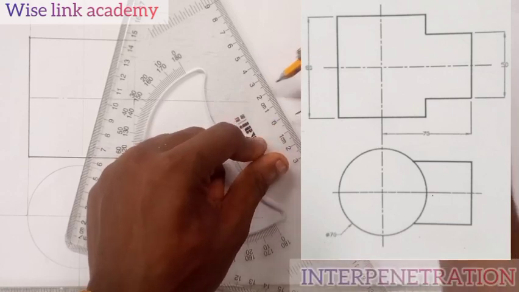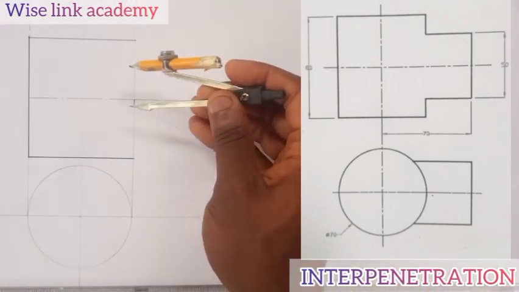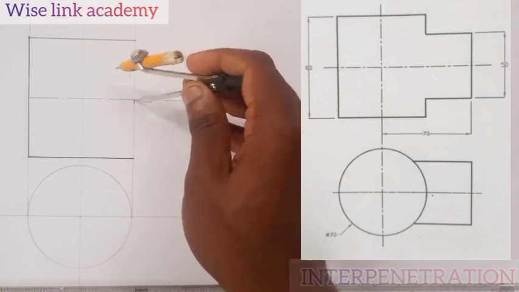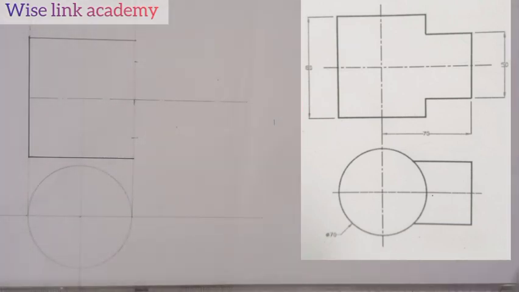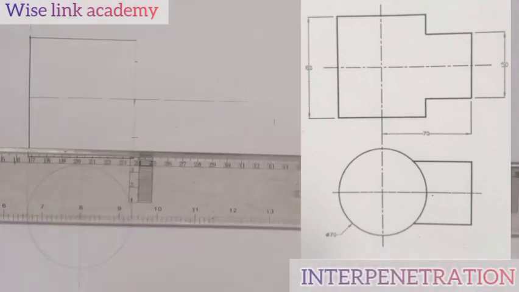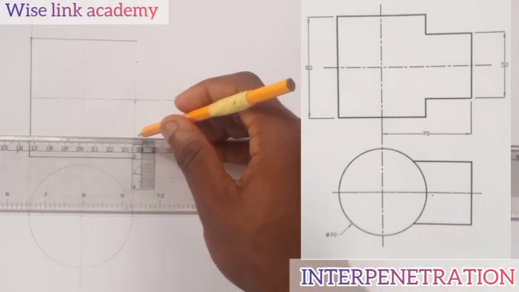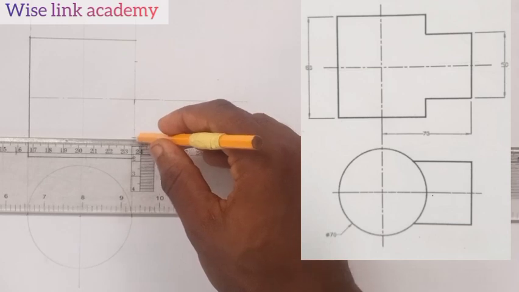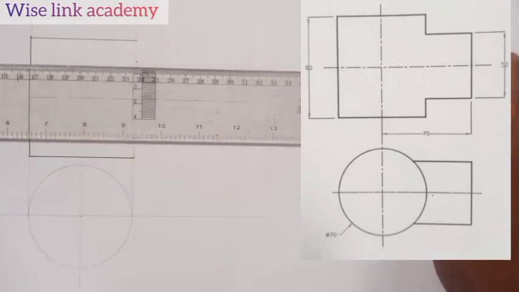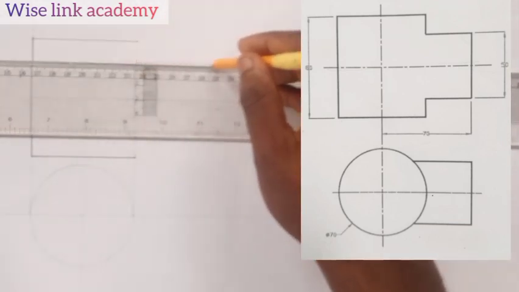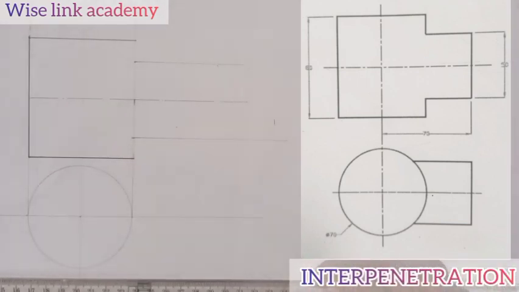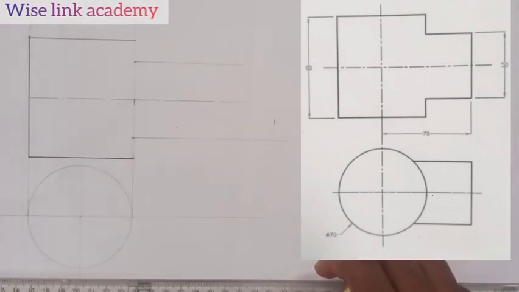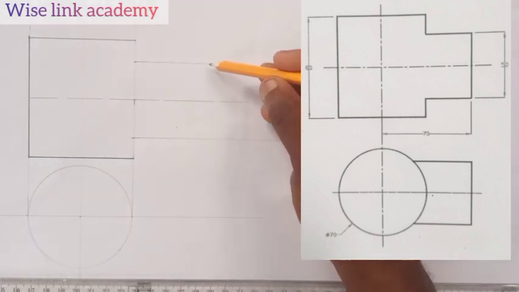I'll take it one up, one down this way. With the help of my T-square, I'll draw the line straight this way, with a faint line. What we are doing is just to reproduce what is at the right hand side of the screen. So obviously the height is 25.